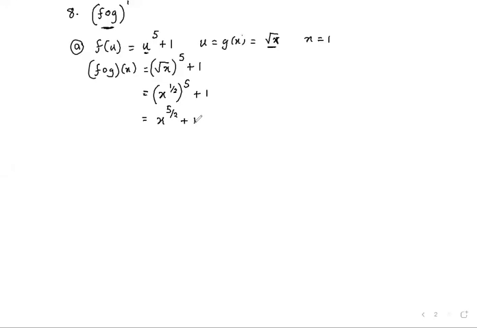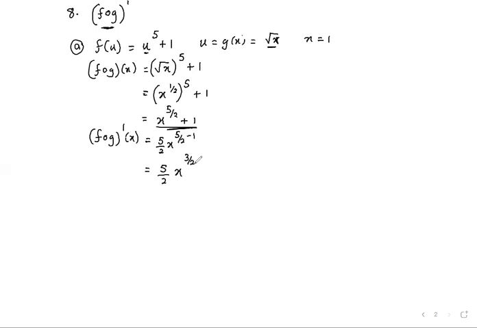And so now we find its derivative. So (f of g) prime of x is going to be, we now differentiate this, 5 over 2 x to the 5 over 2 minus 1, which is 5 over 2 x to the 3/2. So the first thing, we find f of g.